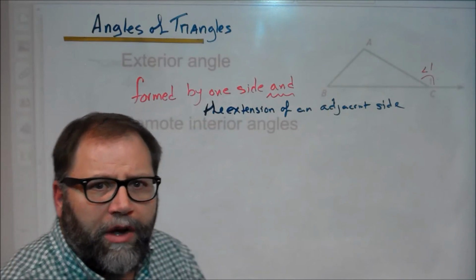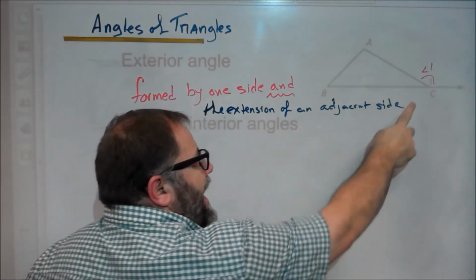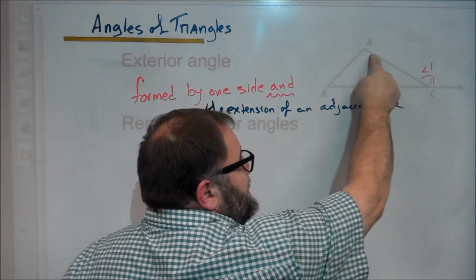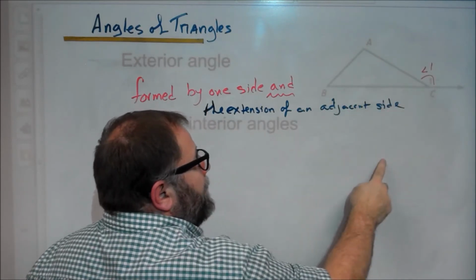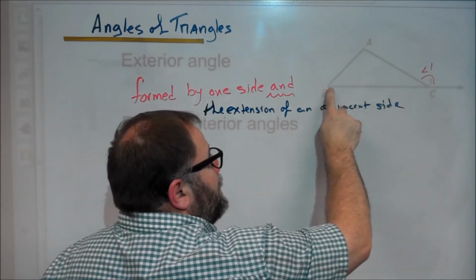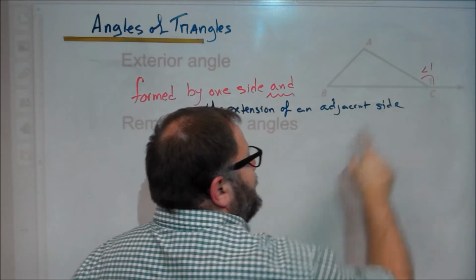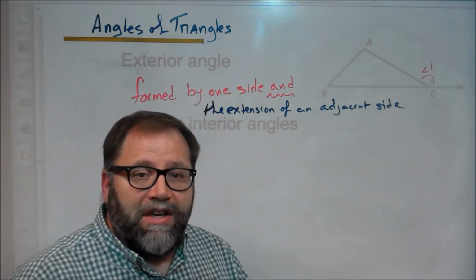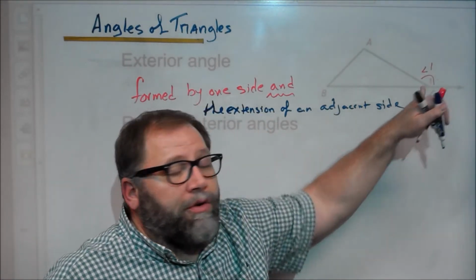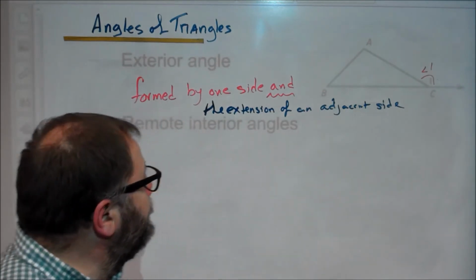So if we go back and look at what we've got here, we've got an angle that's formed by this side, AC, and then BC extended. So when those two meet and then we extend BC, we create that exterior angle of angle 1.